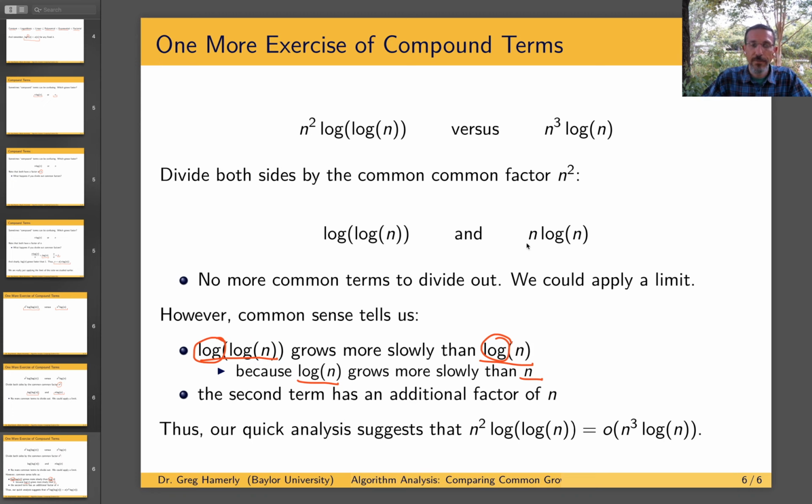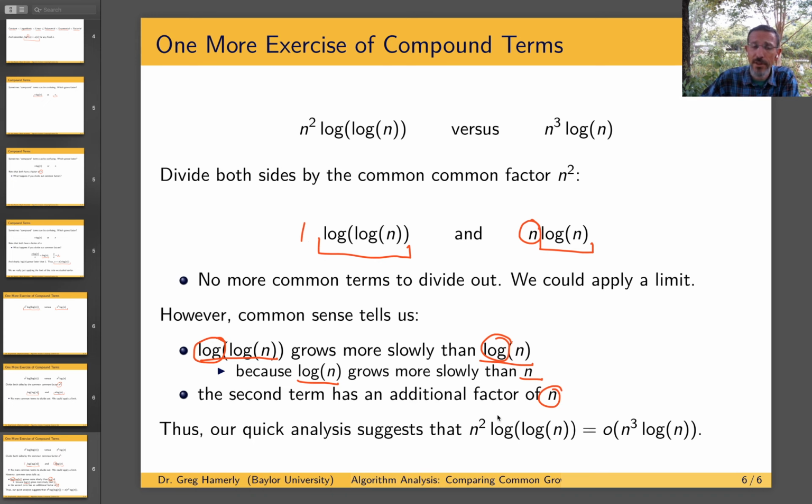And in addition, between this term and this portion of this term, log n is growing more quickly than log log n. And in addition, we also have this additional factor of n that was mentioned down here. So this portion grows faster than this, and n grows faster than, say, 1 times that.